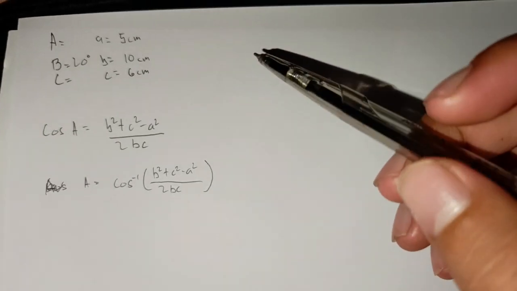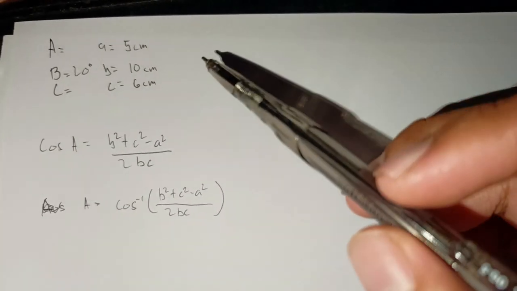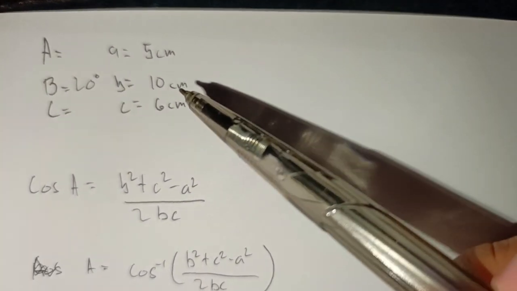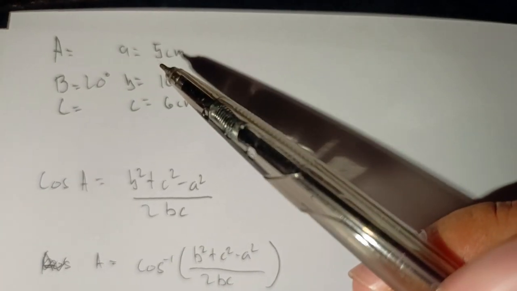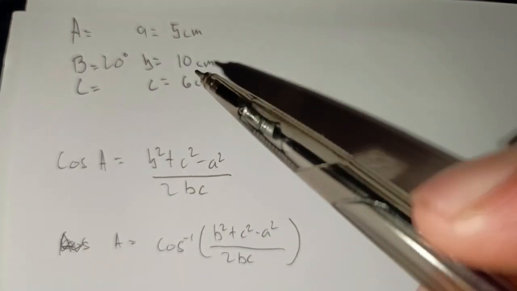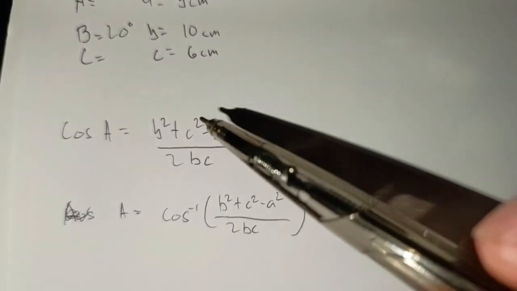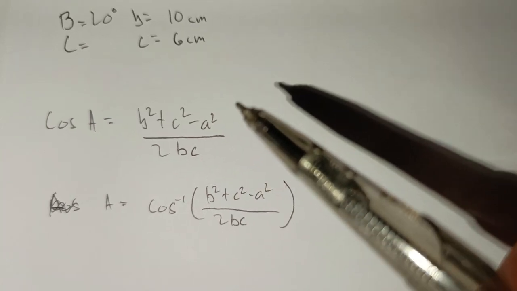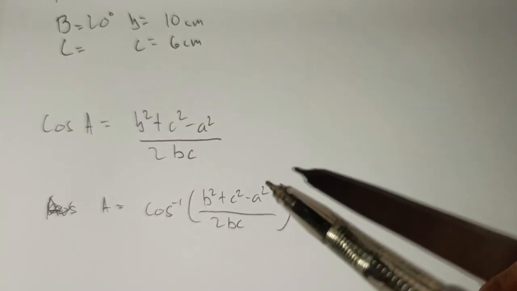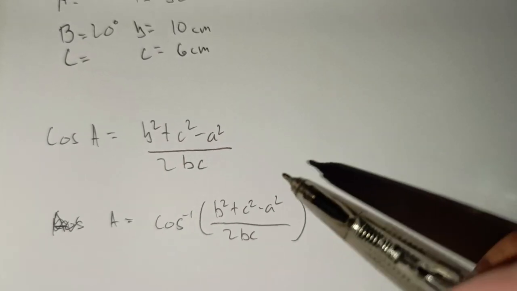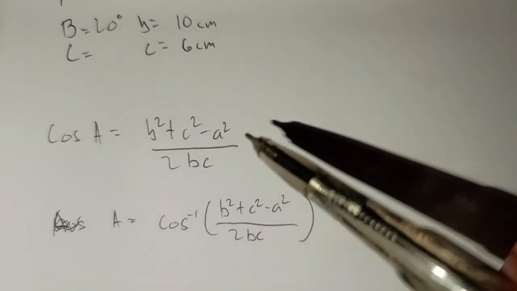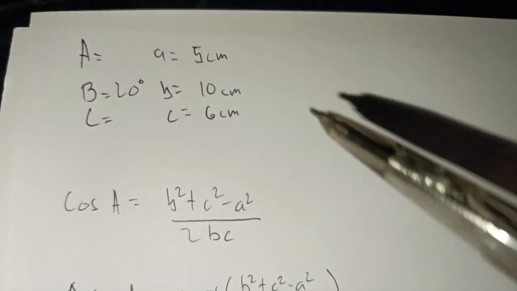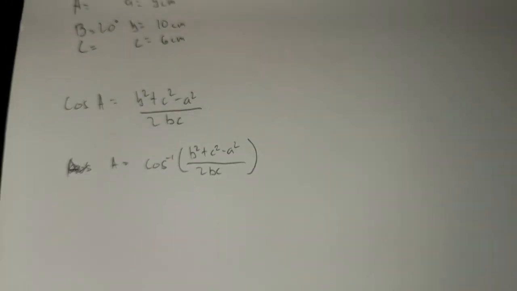So let's have another example. What if the problem that we are given is SSS, where all sides are known and the angles are unknown? The formula that we need to use is this one: cosine A equals b squared plus c squared minus a squared over 2bc. It's the same as the law of cosines, and I'm just gonna substitute the values into this.